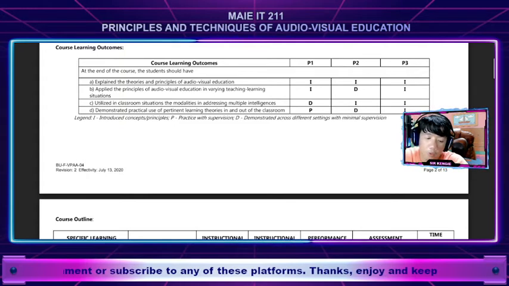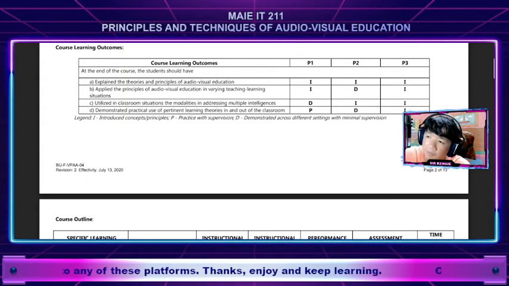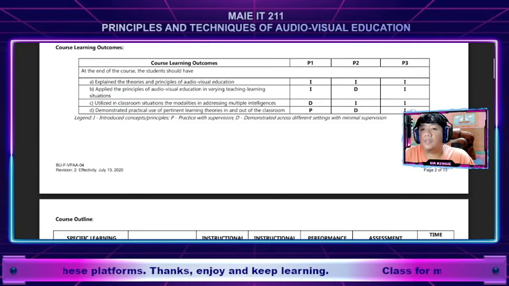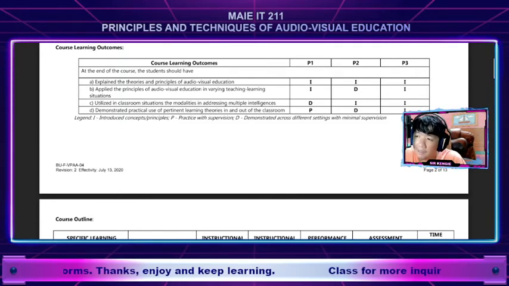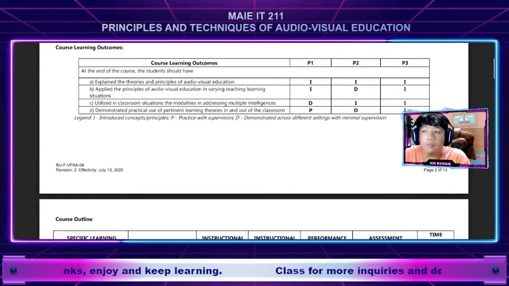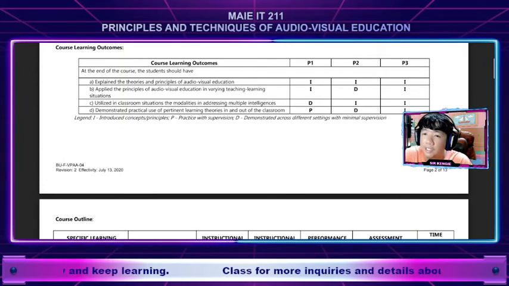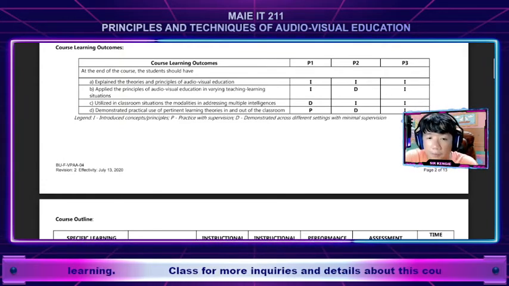Okay? In a conventional or traditional setting before, we have this so-called sage on the stage, or these are traditional teachers.